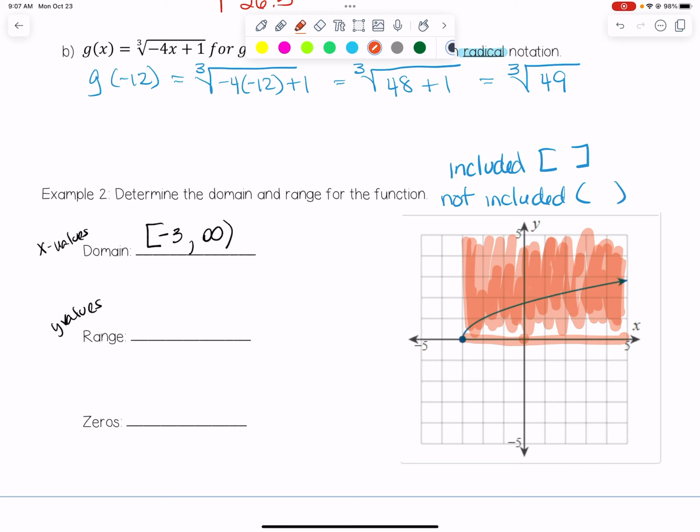So the lowest y value that will be on that graph will be a 0, and it's included because the first point is -3, 0. So 0 will be included, and then it will also go to positive infinity, okay?